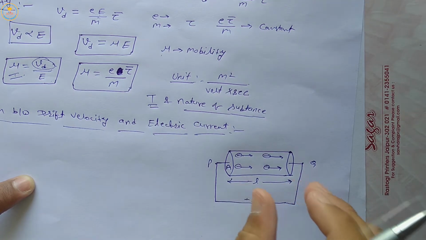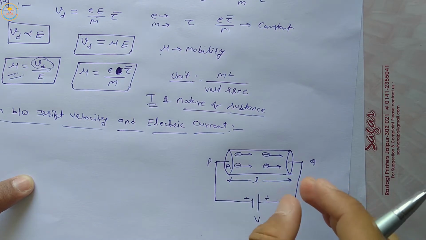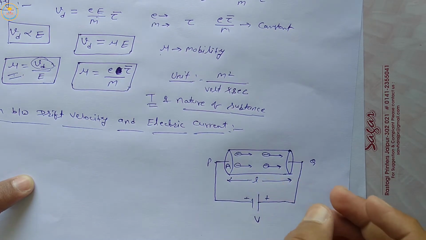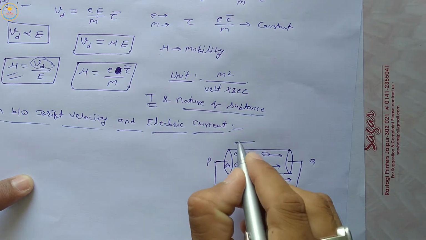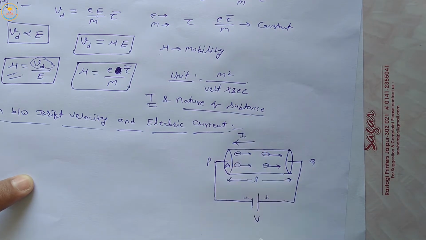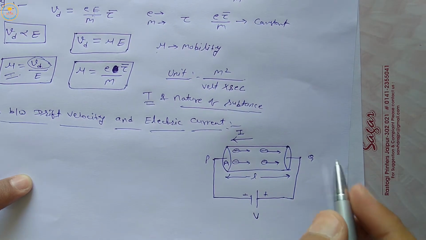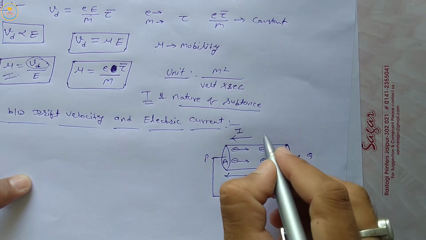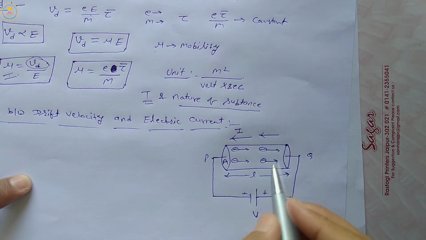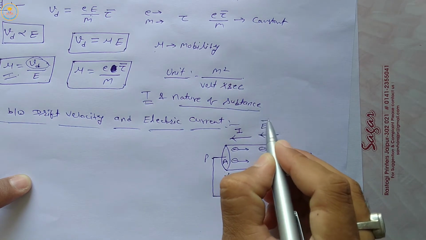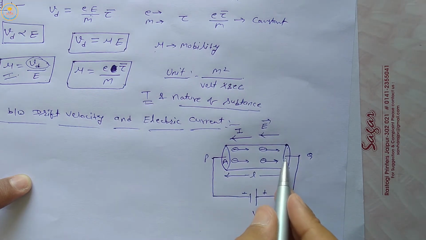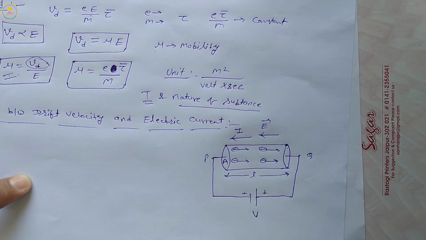We know that the direction of electric current is opposite to the direction of flow of electrons. So the direction of electric current is in this direction, and the direction of the electric field is positive to negative. So this plate is positive, this is negative.